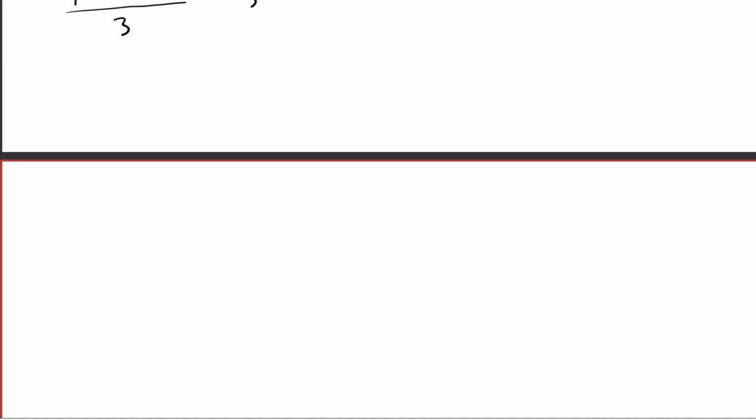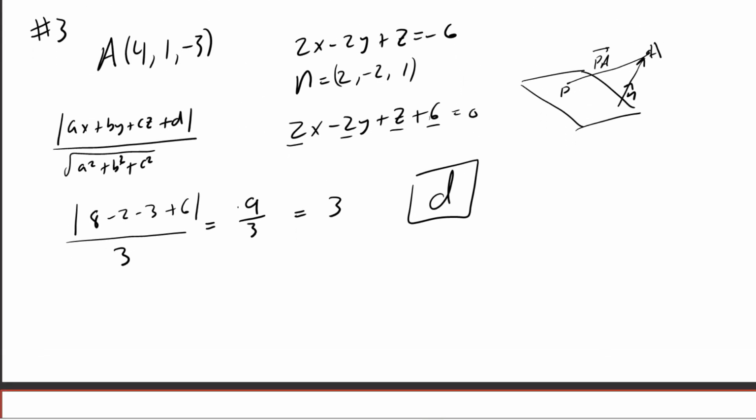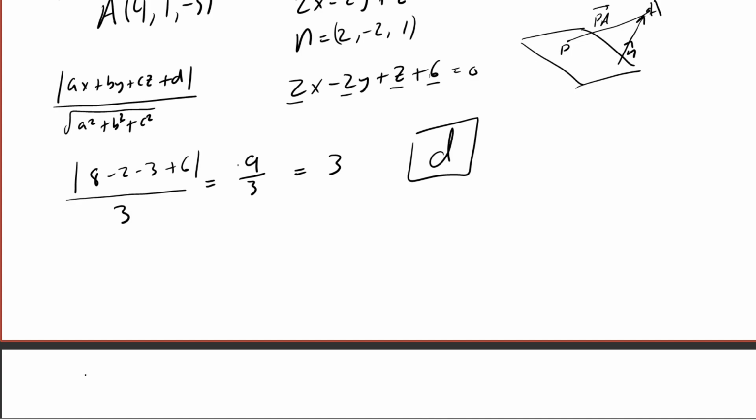Okay. Number 4. Given A and the plane in the previous question, so that's A, which is (4, 1, -3), and 2x - 2y + z = 6.